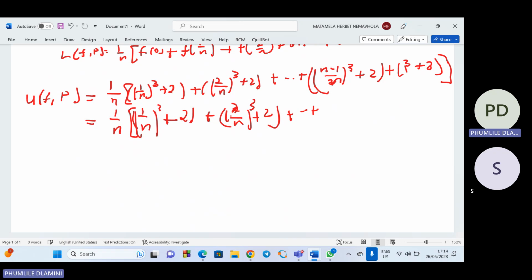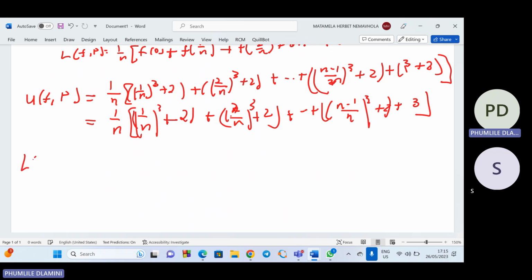So everywhere you will see that you're going to have a 2 inside here. If we do the last one here, we're going to have n minus 1 over n cubed plus 2, plus, again, this one is giving us 3.